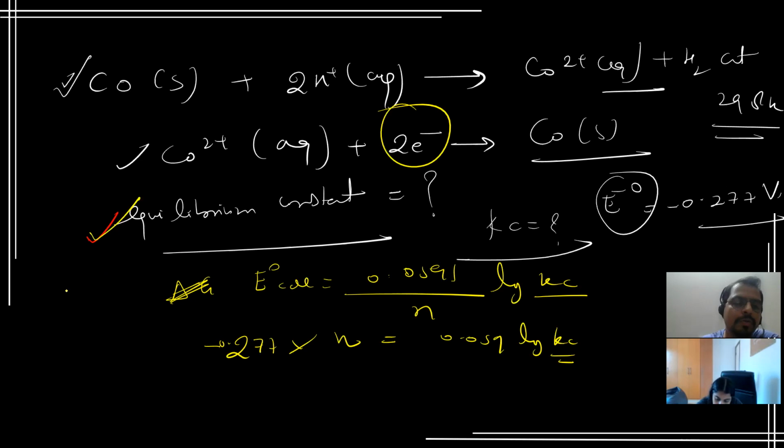Obviously 2 electrons, so n is 2. You do this and you will get the answer quickly. I got negative 9.37.